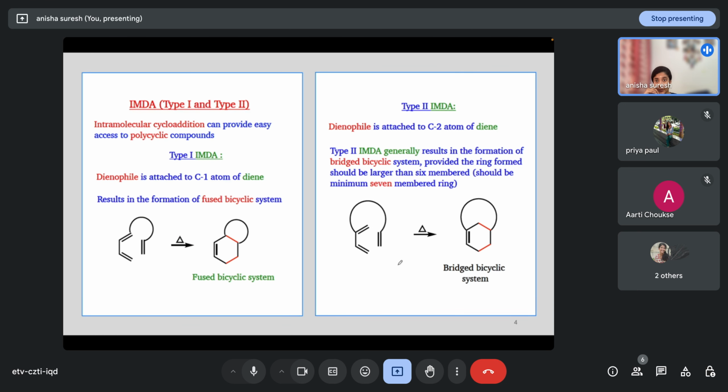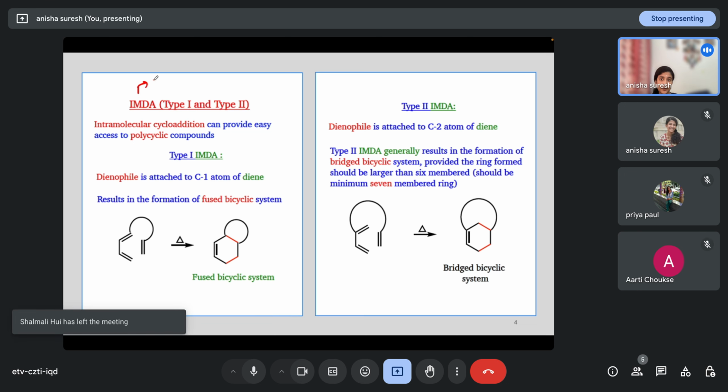Now, the intramolecular Diels-Alder reaction was also discussed this week. So, IMDA, it is the intramolecular Diels-Alder reaction. The intramolecular Diels-Alder reaction can be classified into two types, that is IMDA type 1 and type 2.